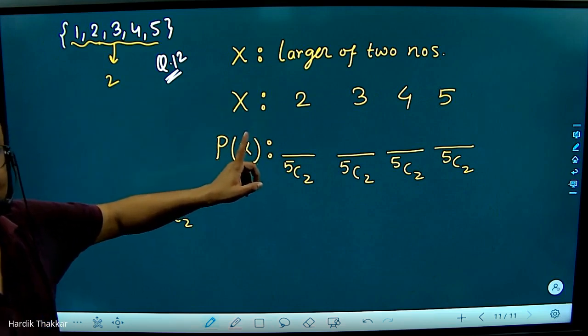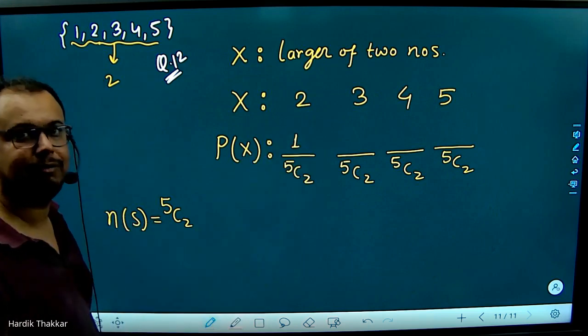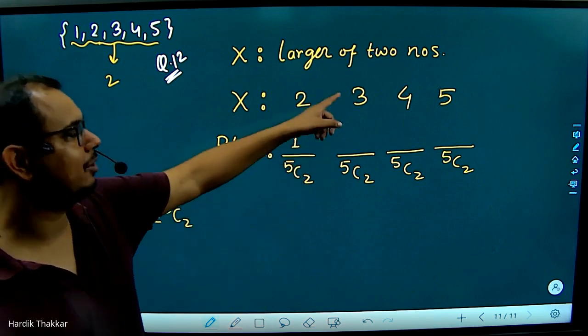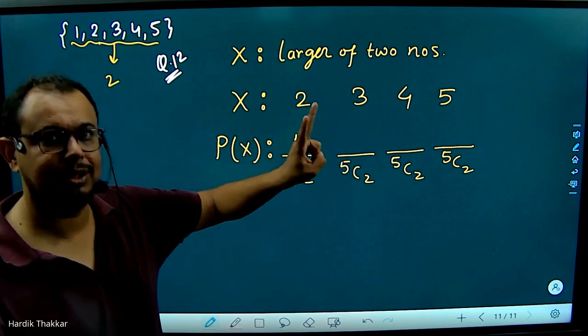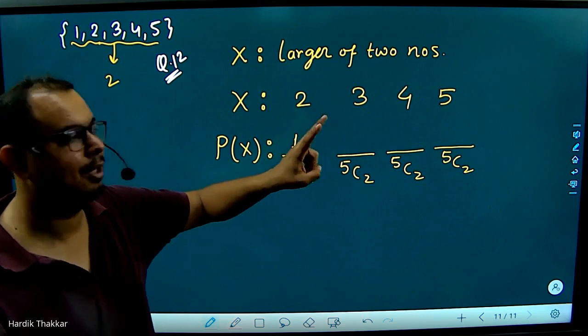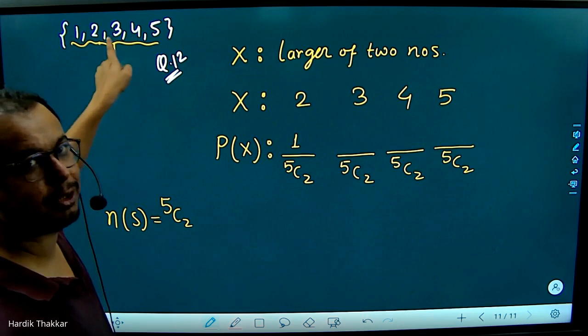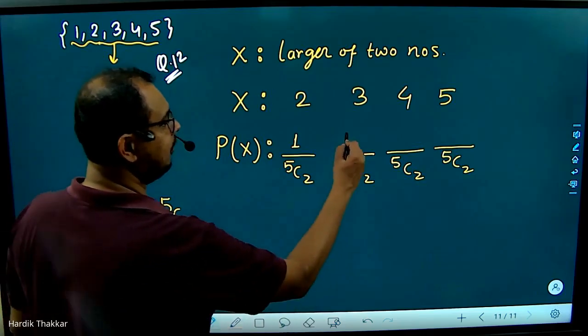Correct? So it has only one favorable outcome in this case. Now, when we will get 3 as the larger number, in two different situations we will get 3 as the larger number. First is when we are selecting 1 and 3, and second we are selecting 2 and 3. Correct? Yes, sir. So it has two favorable outcomes.